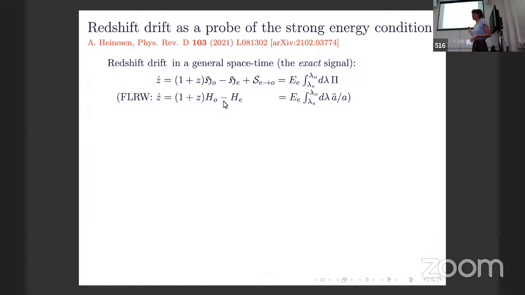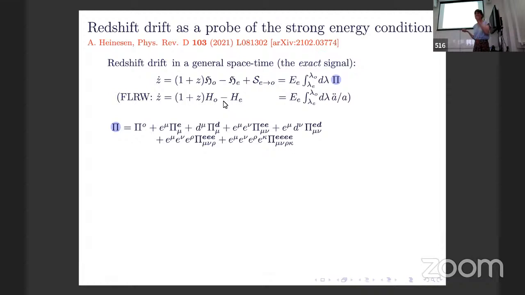And now we can ask if the same kind of reasoning holds when we are in the general geometrical setting. So we can write redshift drift with the same kind of integral functional here, but now the integrand takes a more complicated form. We can write this in the same spirit as we did for the effective cosmological parameters in the luminosity distance case.